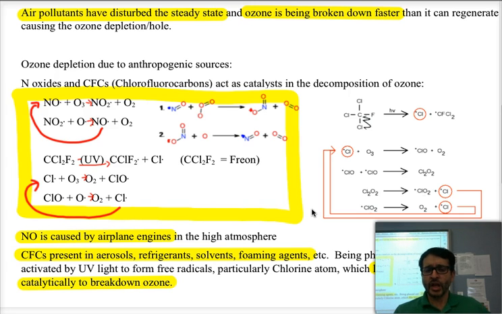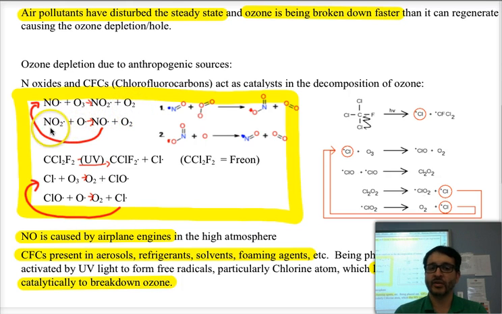All right, so two of the main things that catalyze the depletion of ozone are nitrogen oxides and CFCs, chlorofluorocarbons. Here I will show you very quickly one of the processes. Nitrogen monoxide is already a radical, and when it reacts with ozone, it will create the nitrogen dioxide radical and an oxygen molecule.